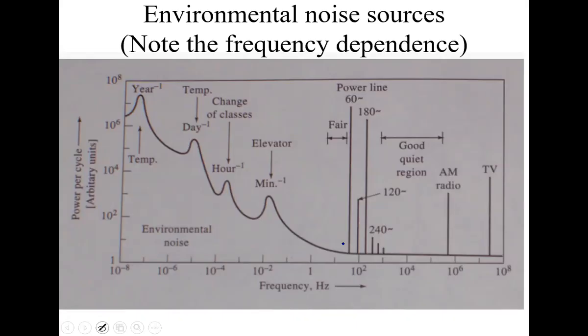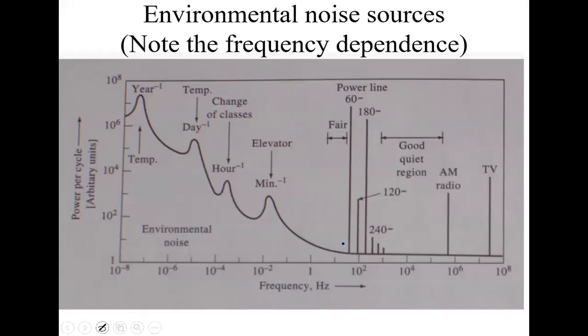Here, notice the power lines at approximately 60 hertz and 180 hertz. What's the difference here, if you look at this diagram? You mentioned AM radio, TV, and our phones around there. What you see here is a continuum at low frequencies.